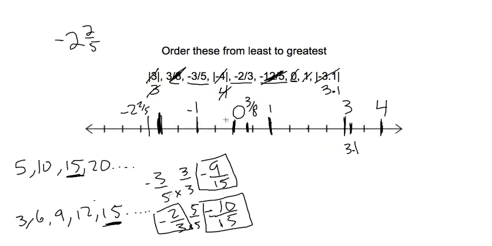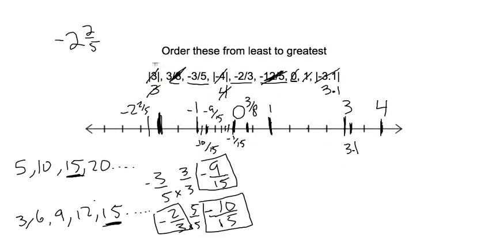Now, again, we know that these are going to land somewhere in between 0 and -1. And what we need to realize is that if we were counting by -1/15, it would go negative 1/15, negative 2/15, negative 3/15, 4, 5, 6, 7, 8, 9, negative 9/15. And then right after that would be negative 10/15.